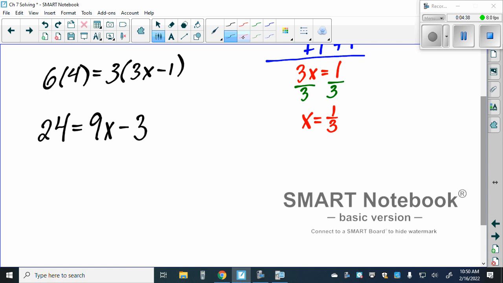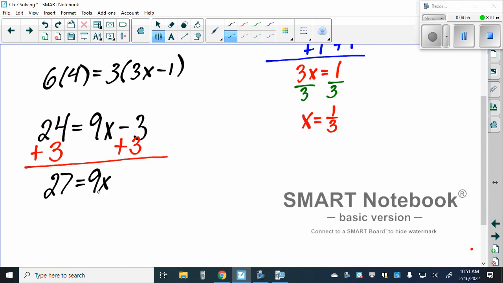Well, now we just need to solve for the value of x. Well, first thing we could do is add 3 to both sides, which will tell us that 27 is equal to 9x.